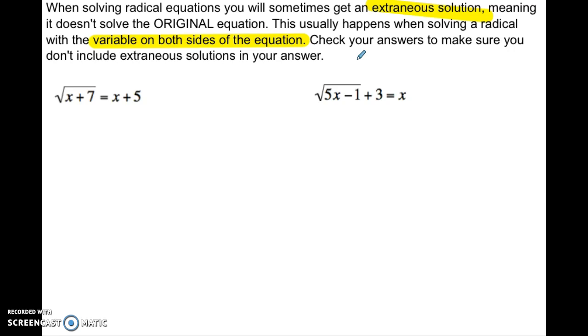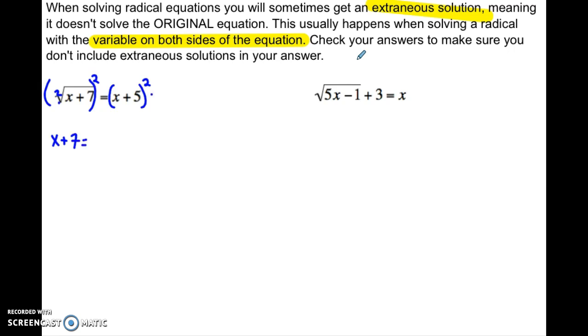Like we've been doing, the first step is to isolate the square root. So we've got the square root all by itself. To undo the squared on the square root, we need to square both sides. So on the left, that gives us x plus 7.